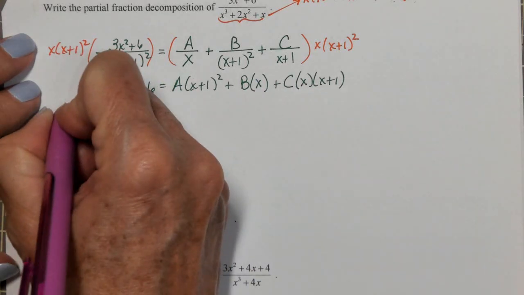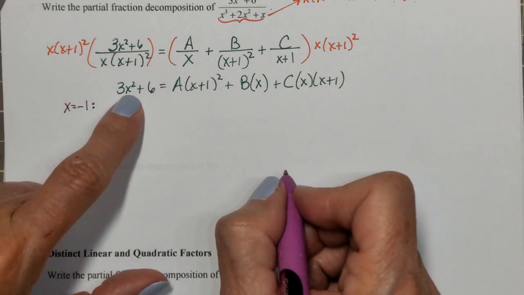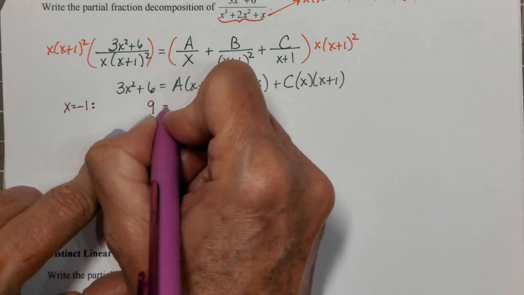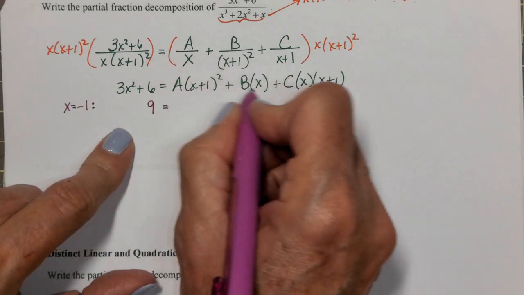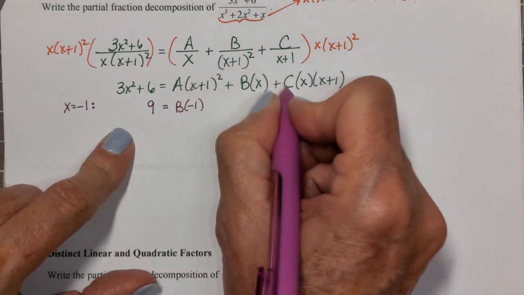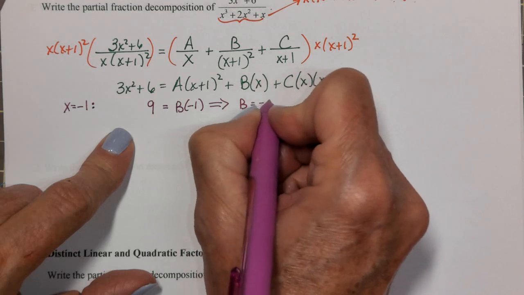I'm going to let x be -1. If x is -1, on this side I'm going to have just 3 plus 6 is 9. This is gone. This will be B times -1, and this is gone. That gives me the value of B. B has got to be -9.